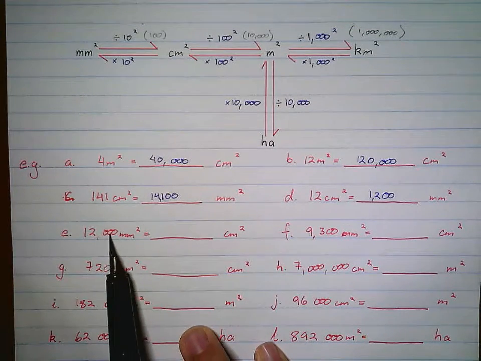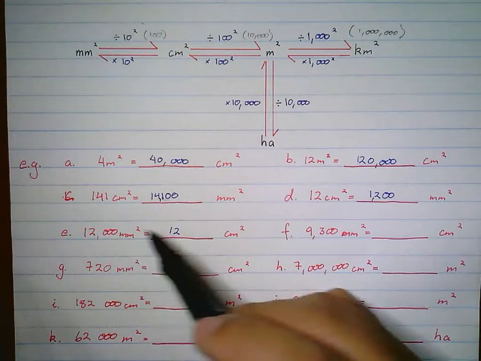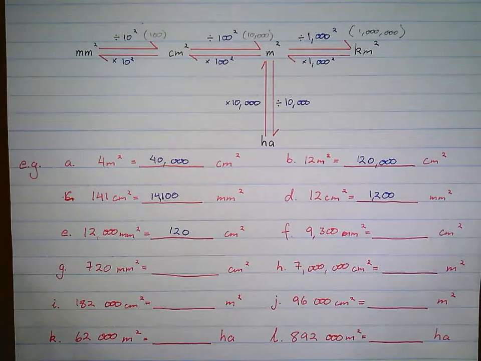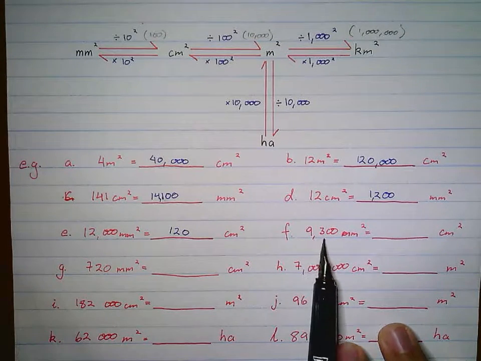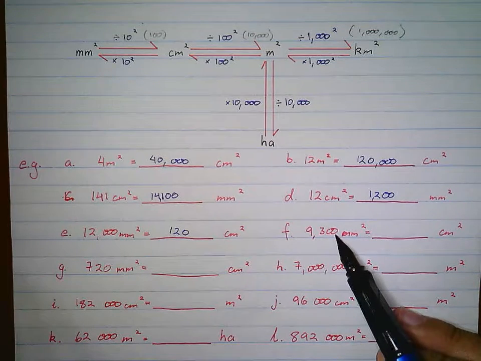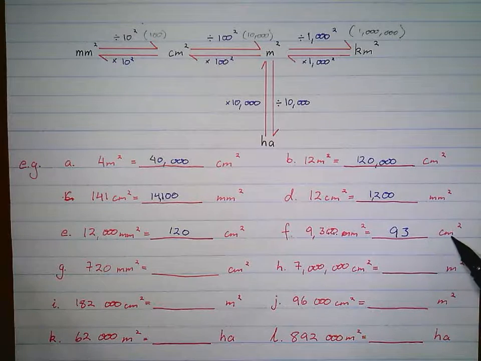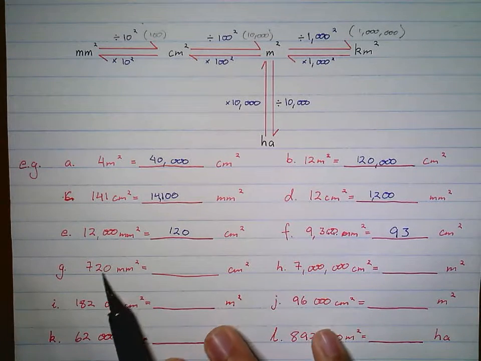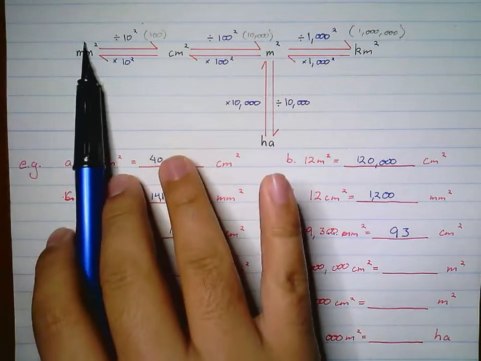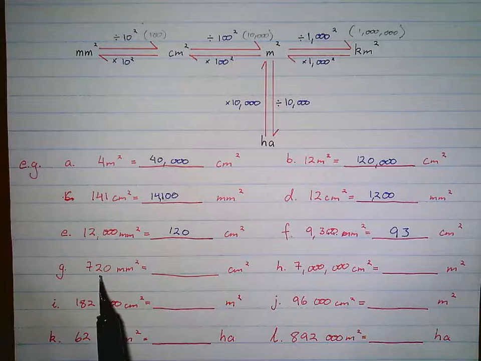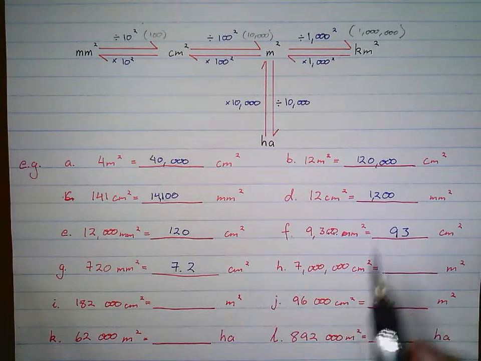Dividing this by 100 is remove these 2 zeros, so 12 and 120 centimeter squared. 9,300 divided by 100, we remove these 2 zeros, which gives us 93 centimeters squared. 720 millimeters squared to centimeter squared. Once again, dividing by 100, 7.2 centimeter squared.